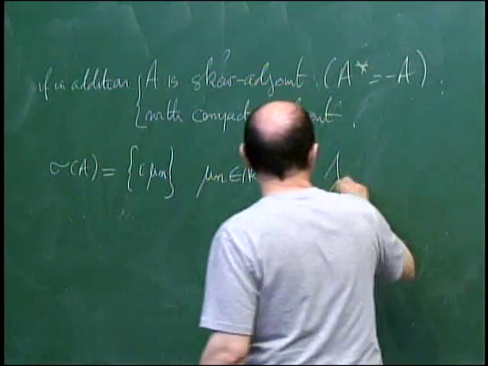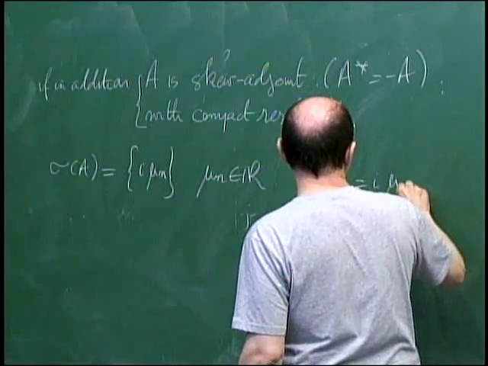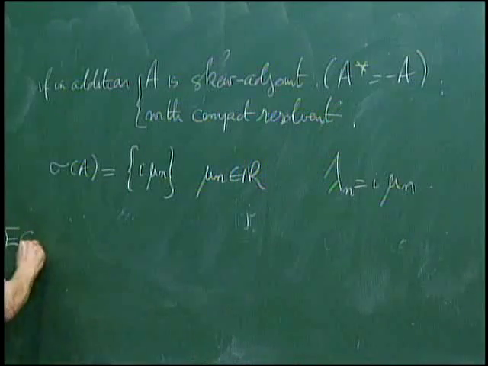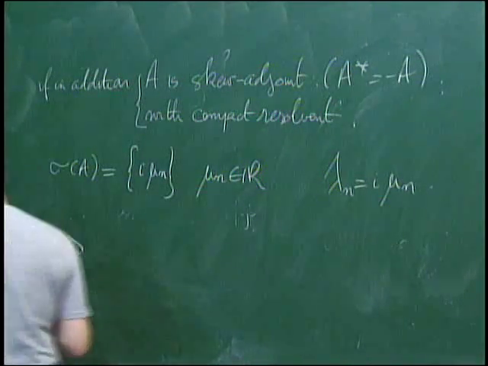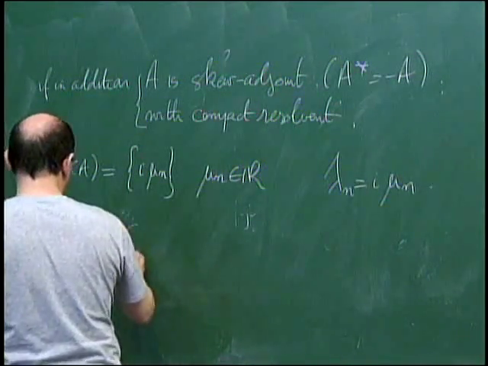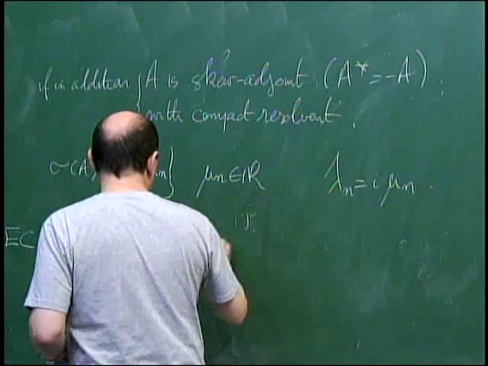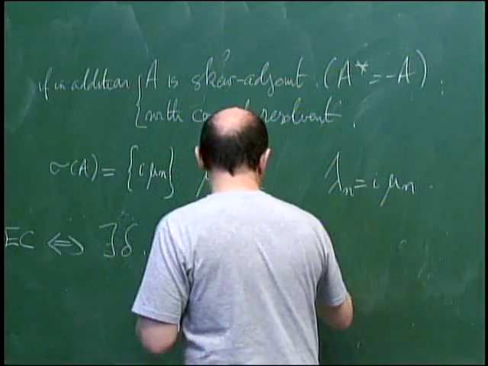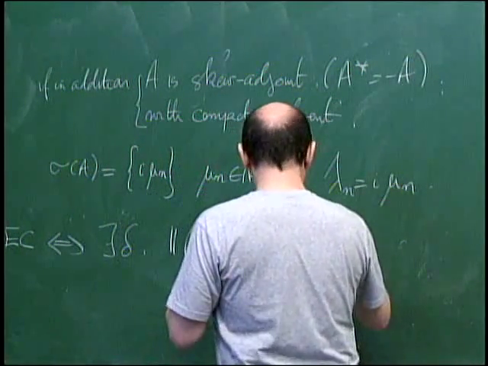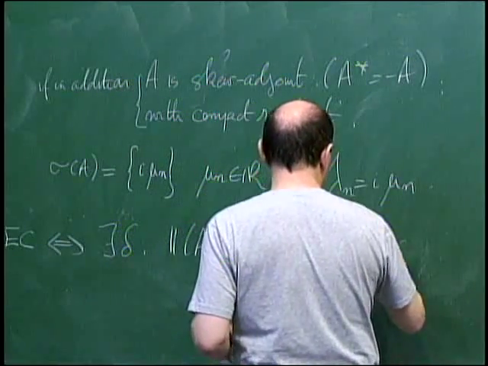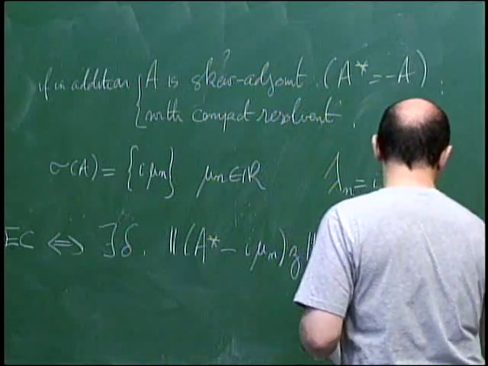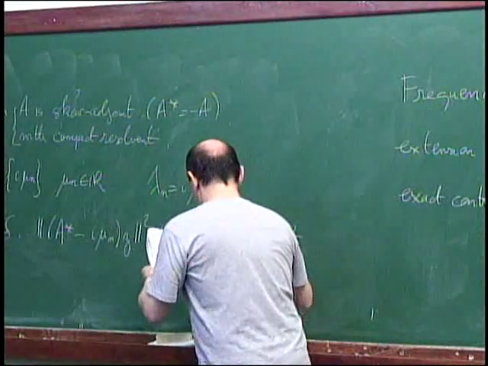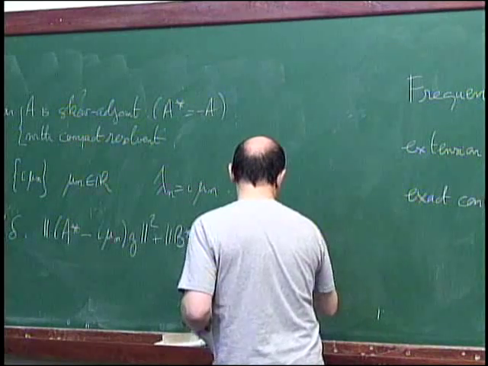I will note lambda n equals i mu n. And the exact controllability is equivalent to this estimate: there exists delta such that ‖(A* minus i mu n)z‖² plus ‖B*z‖² is larger than delta ‖z‖² for any n and for any z.